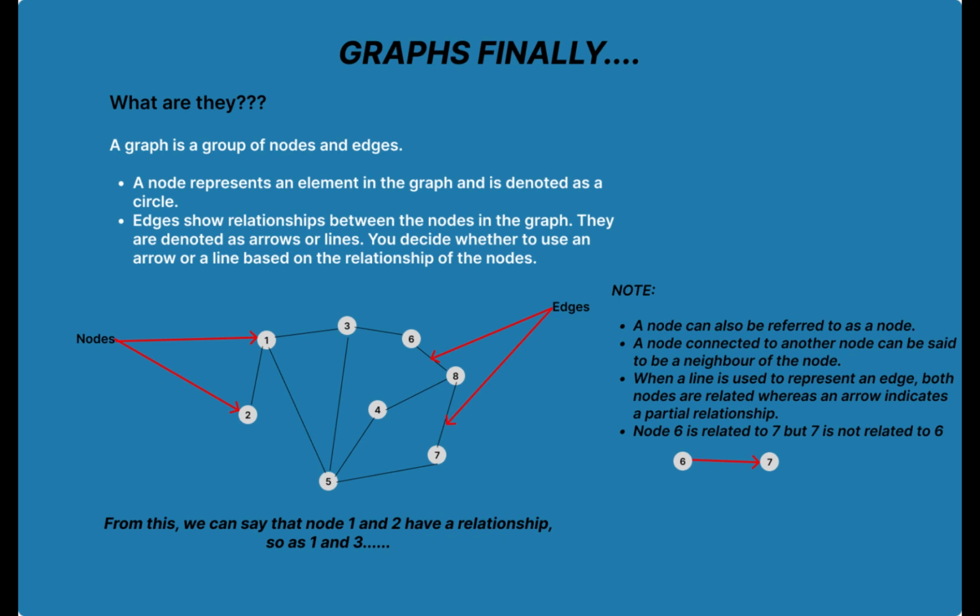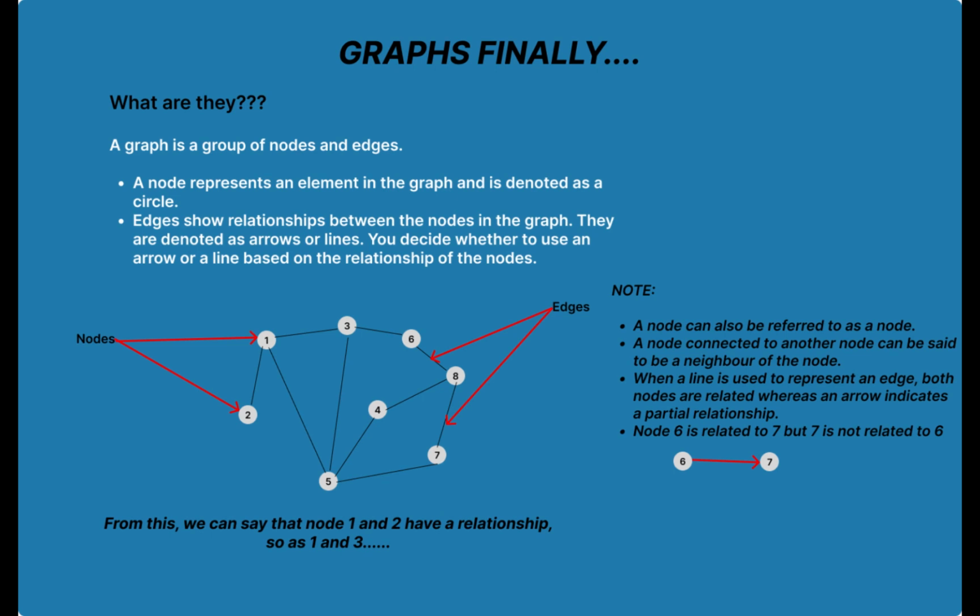Edges, on the other hand, are used to show relationships between the nodes. When there is an arrow between two nodes, we can say that the two nodes have a relationship. There is also another term known as a neighbor: a node that is connected to another node is referred to as the neighbor of that node.